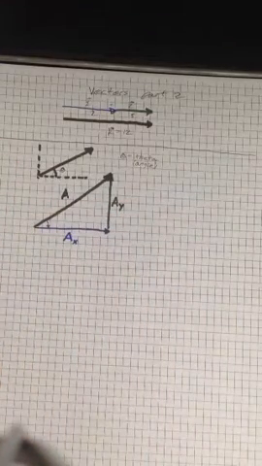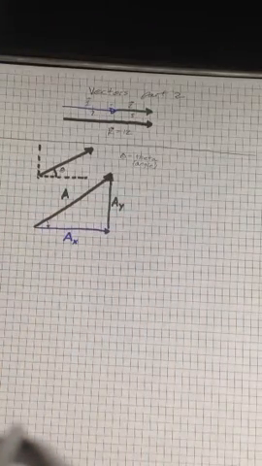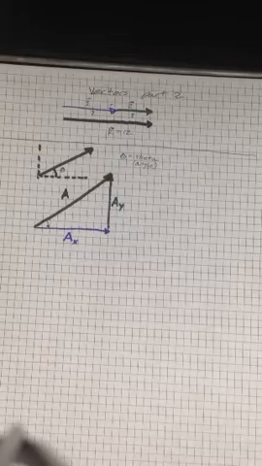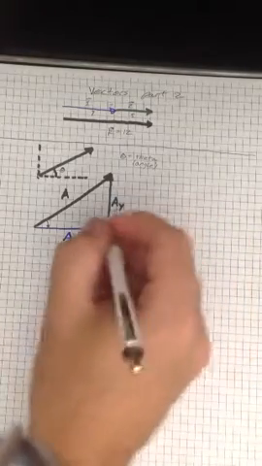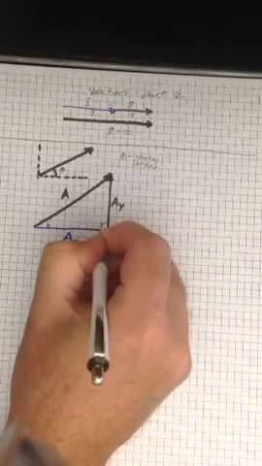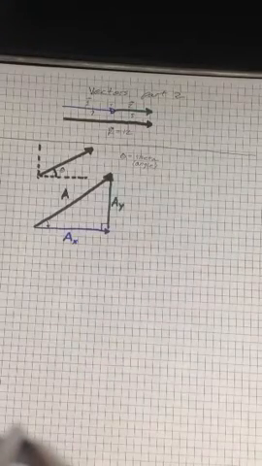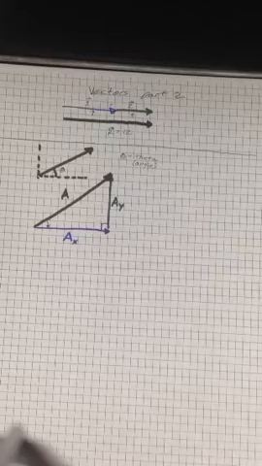So the big thing that should pop out into your head here is the shape. What shape did I just make? And this shape is, of course, a right triangle. And right triangles are the easiest ones to solve for.